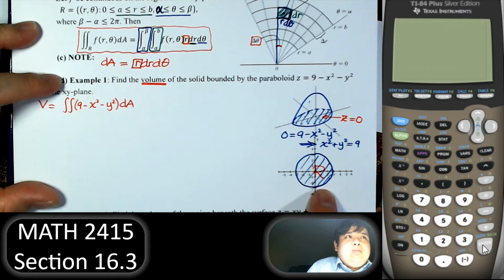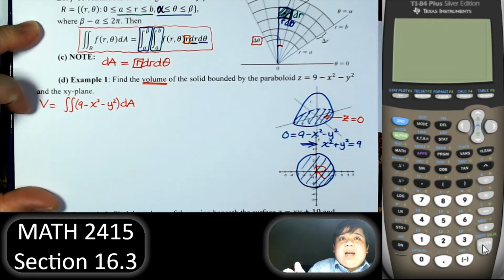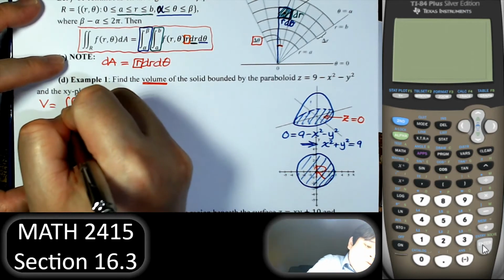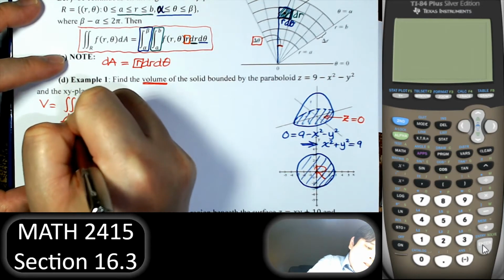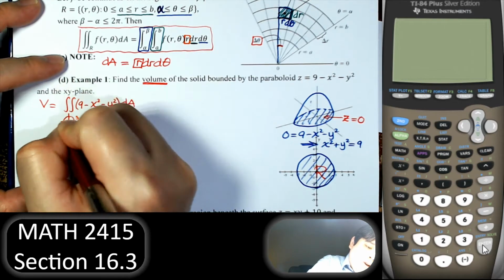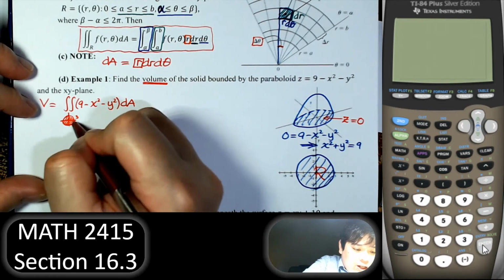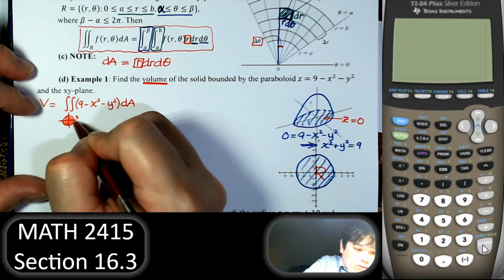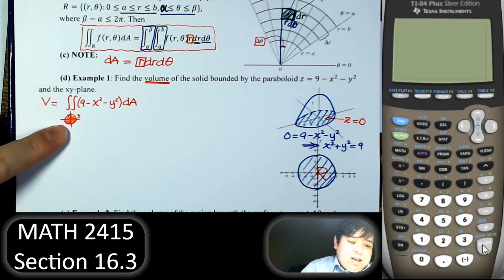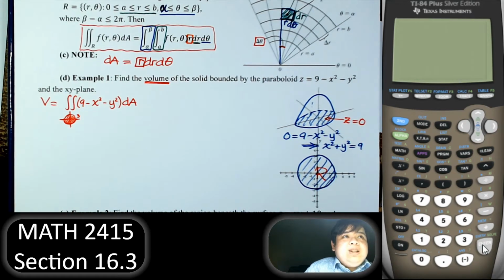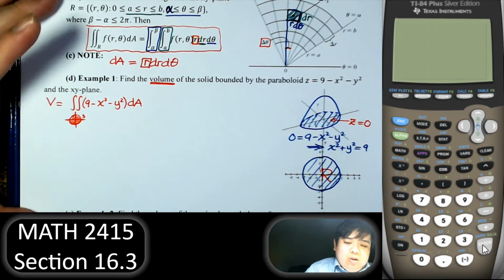We just say the disk, since it's kind of difficult to write the limits for that disk. So instead of writing that, we just say 3 for the radius. This is where a picture is worth a thousand words. So it's just a disk. That is if we write this in rectangular coordinates.